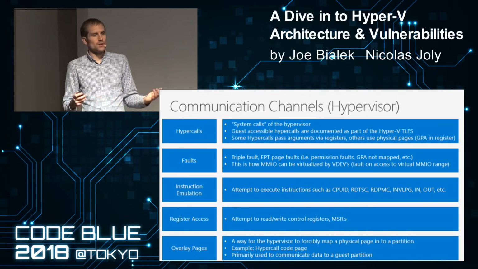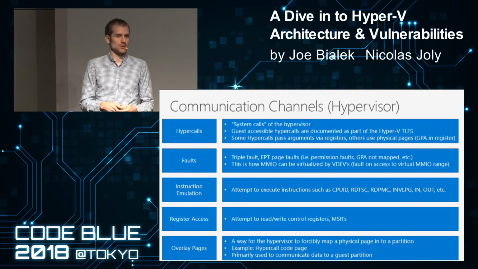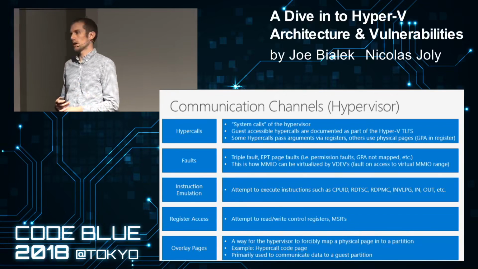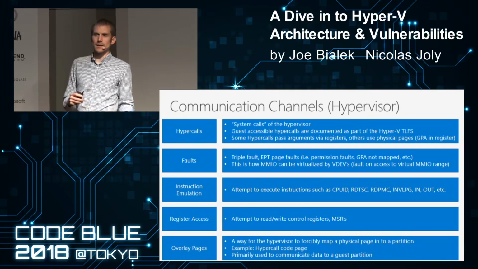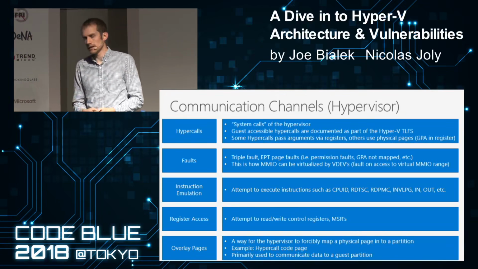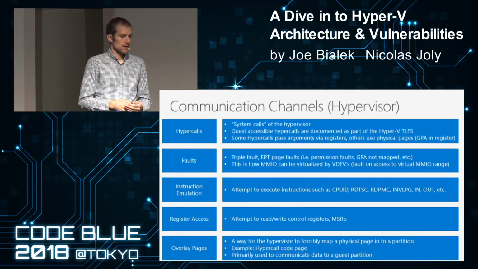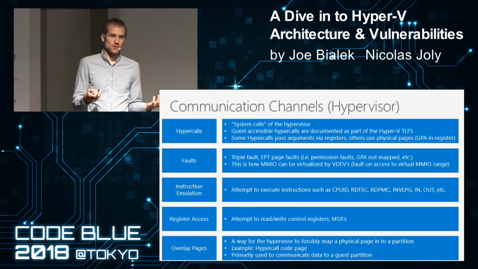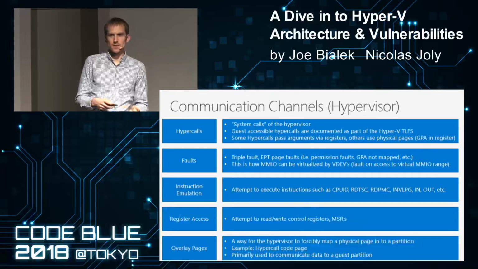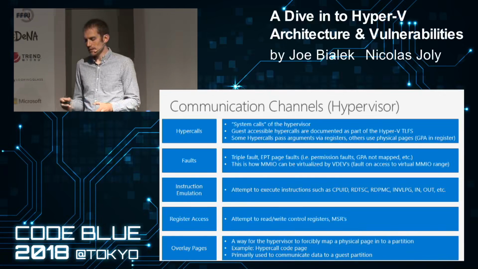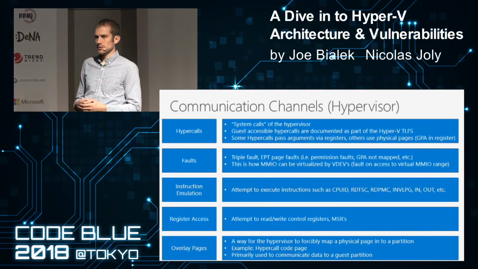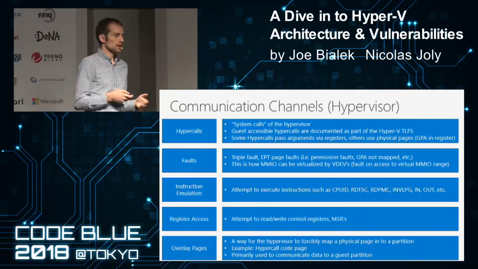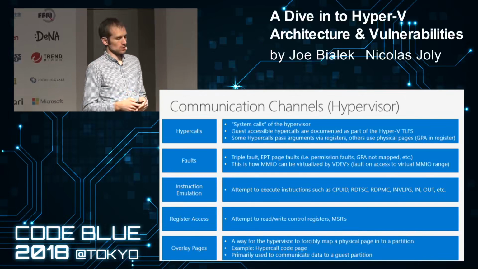If you execute an instruction that needs to be emulated, such as an in or out instruction, the hypervisor will receive a trap, and it will have to decide if it wants to emulate that or if it wants to forward it to the host to emulate. Same thing for register access. Certain MSRs can be intercepted by the hypervisor and emulated. But there really is not a whole lot of super complicated functionality in there, and so I personally don't think that it's the best place to start looking for bugs.